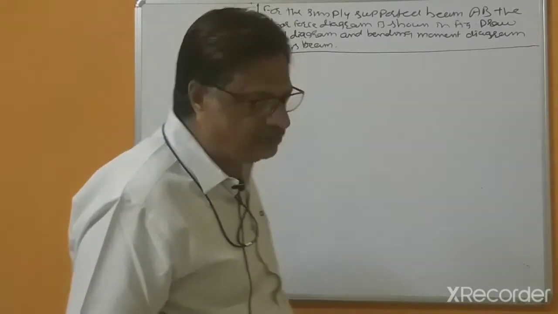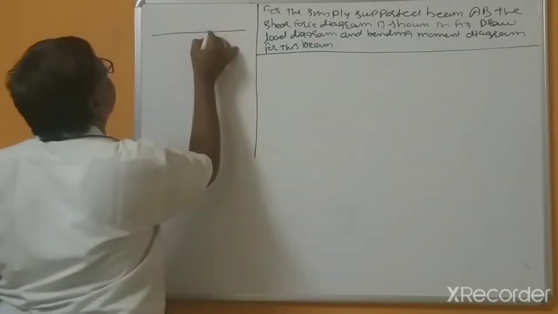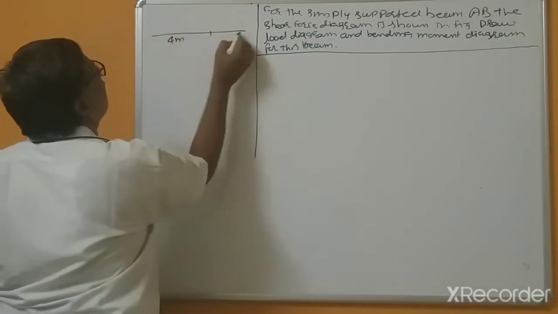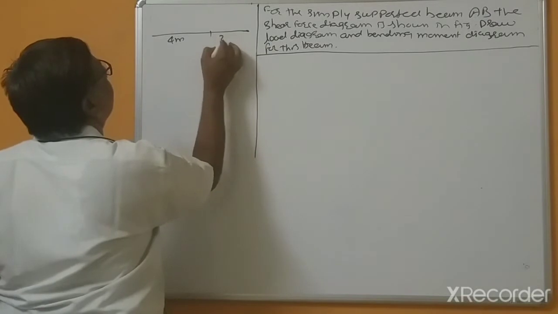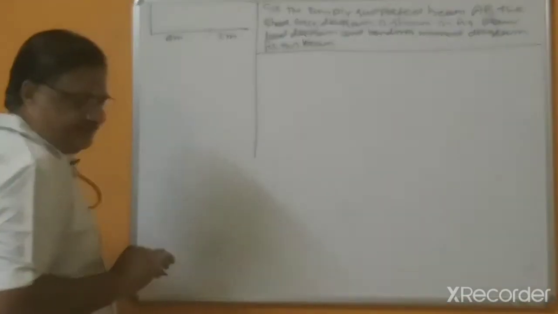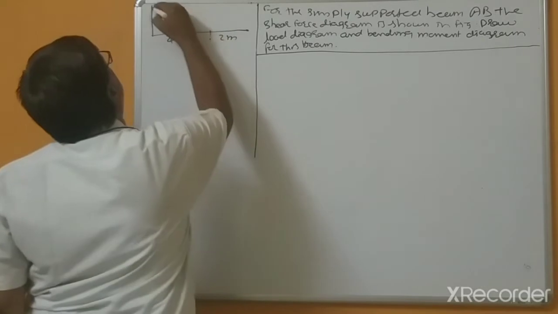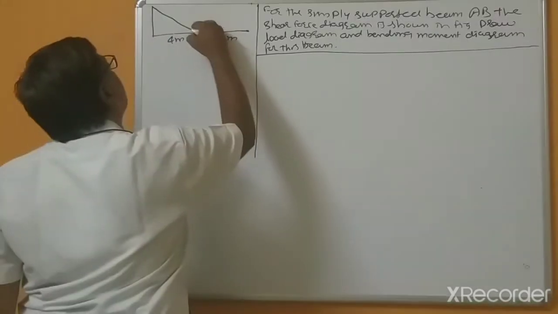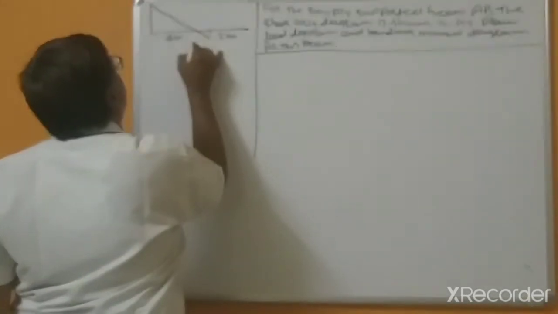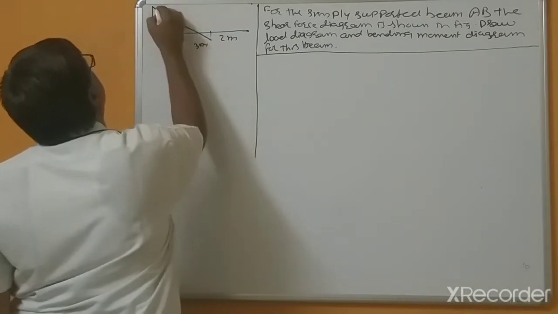4 meter, 2 meter. Meter. This is 2 meter. 21 and 3. This is 3 kilonewton.